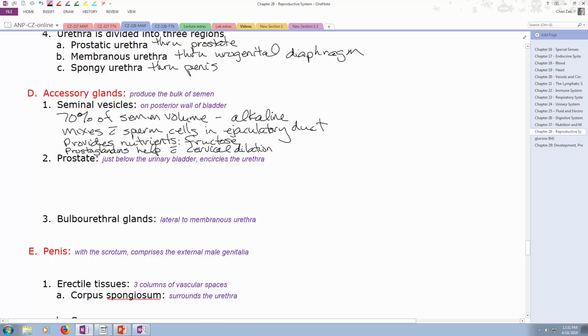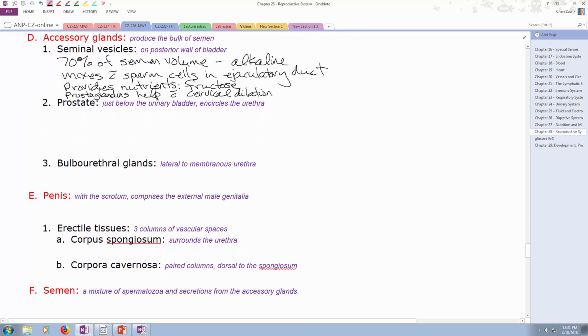That cervical canal is ordinarily nice and tight, difficult to traverse, and so the prostaglandins will help to soften that up and make it more capable of allowing sperm cell entry. So that's an important component of semen, that material from seminal vesicles.